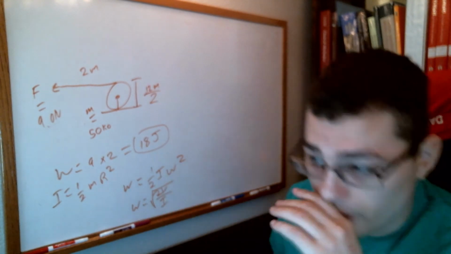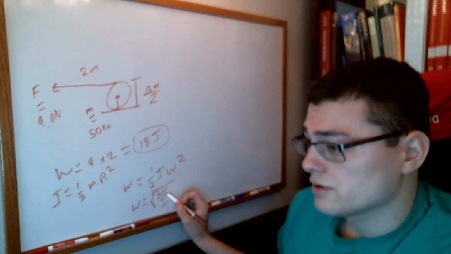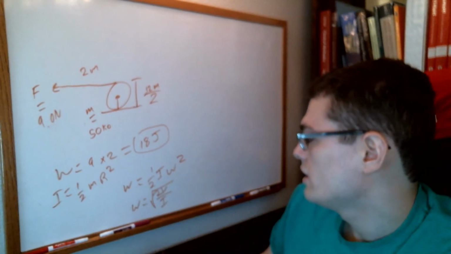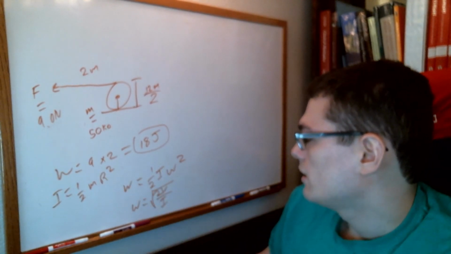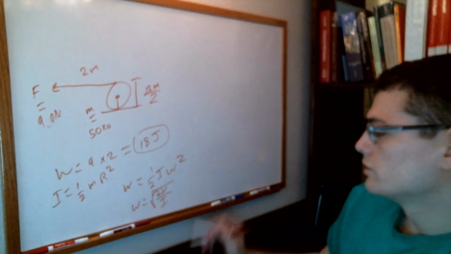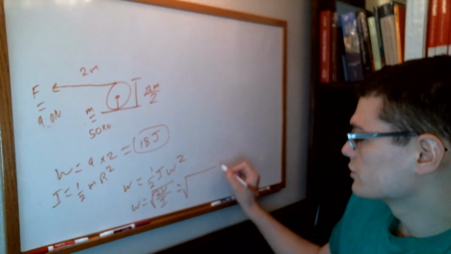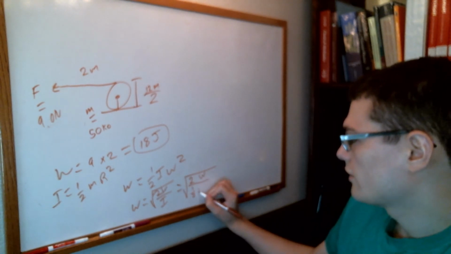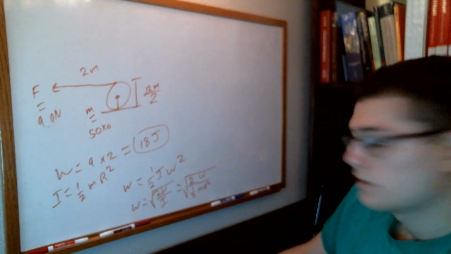And from there, you plug in 18 here, and you plug in what we found for I via this equation into this equation. And if you really wanted to take this all the way algebraically, we can say 2W over 1/2 mr squared here.